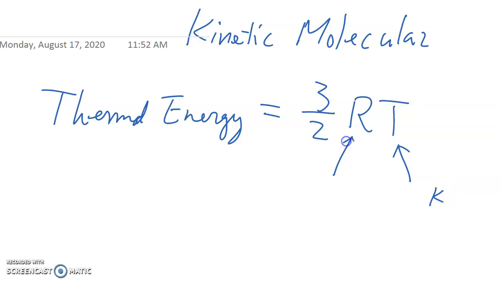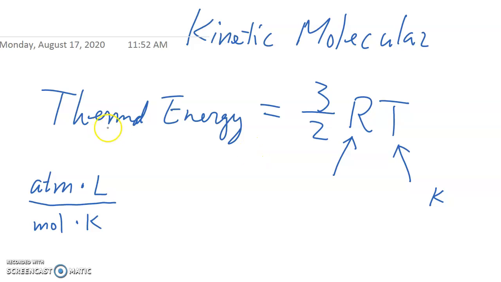For this R, we have to pay attention, because when we use the ideal gas law, the R has the unit of atm, the unit for pressure, liter, the volume we typically use in chemistry, divided by moles and Kelvin. This is not the SI unit.